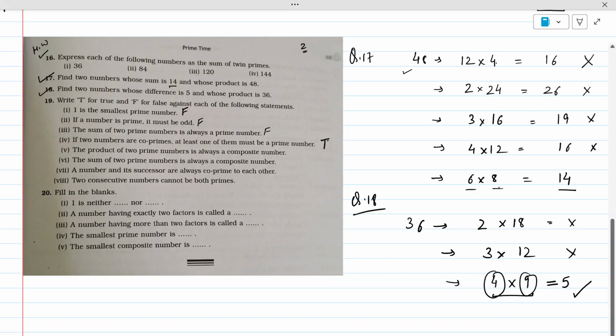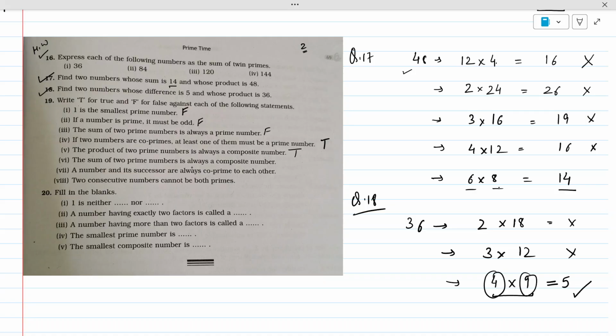Because the co-prime numbers are the numbers which do not have anything common except 1. So this is true. Now, the product of two prime numbers is always a composite number. So kids, this is true because then it will have the factors.